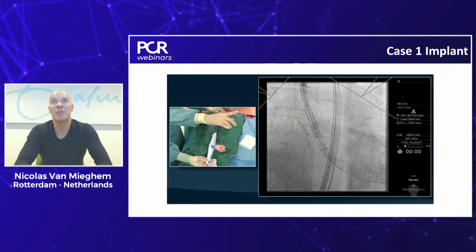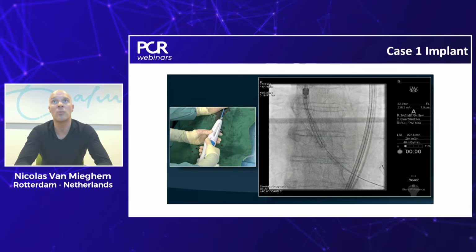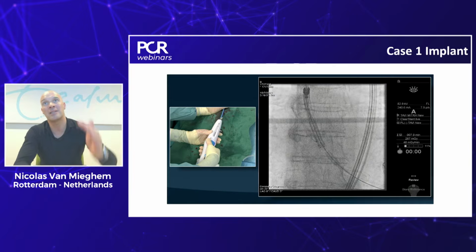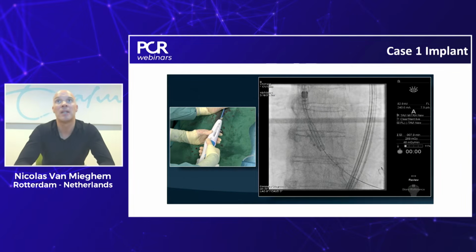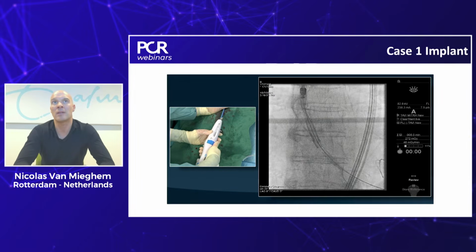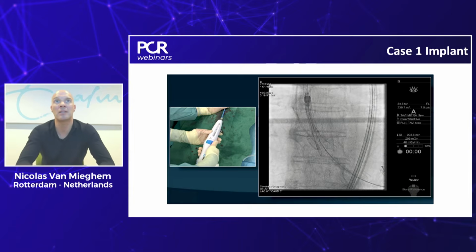And then the deployment is very straightforward. I typically start in a coplanar view, and you have that marker that is on top of the annulus, and then it's a very slow deployment. There is quite a good transmission of the rotation that we're doing on the handle.